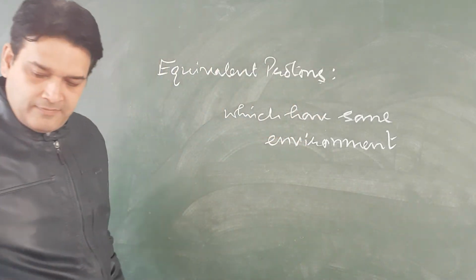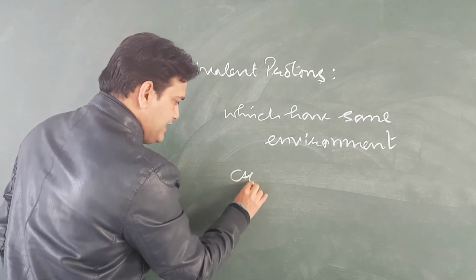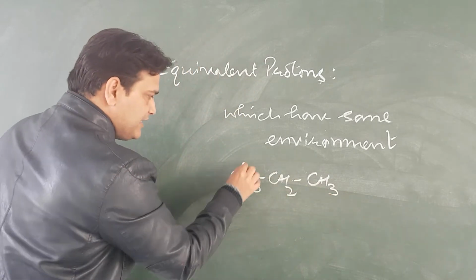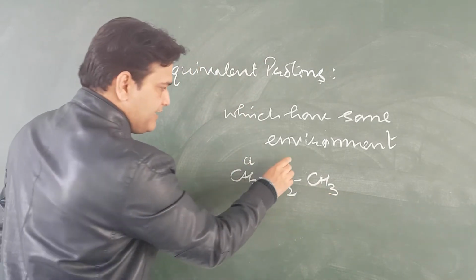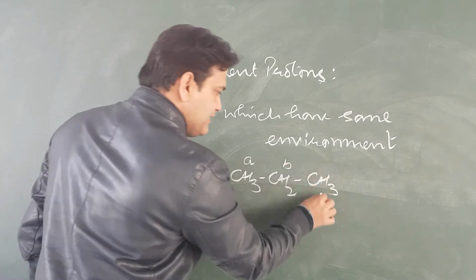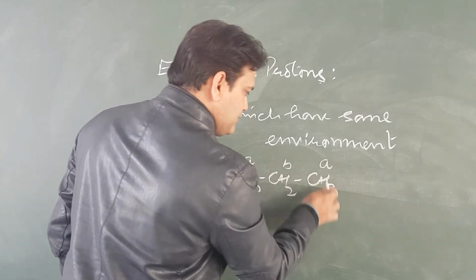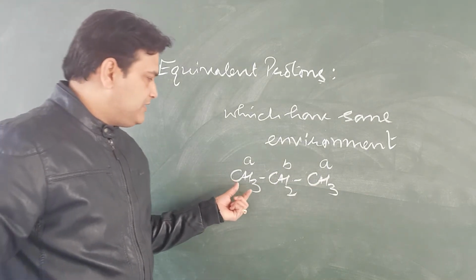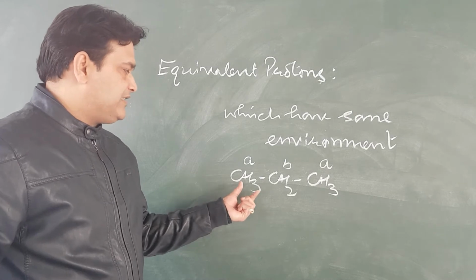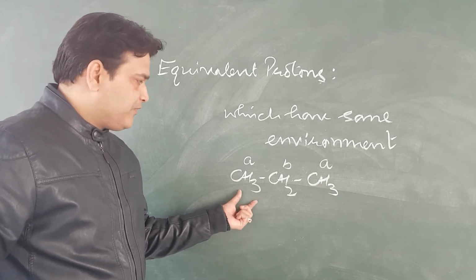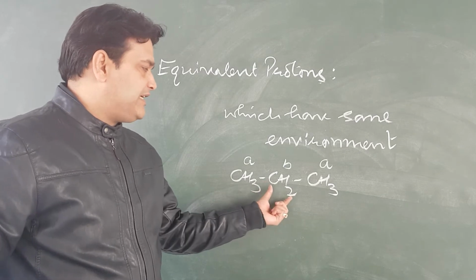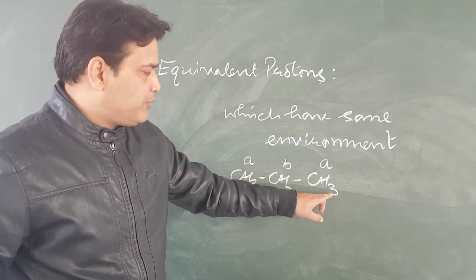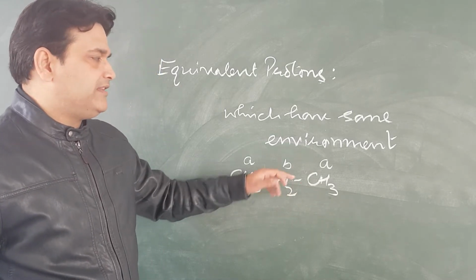Now in CH3, CH2, CH3, obviously this is A and they are B, and these 3 H atoms are again of this type, because these 3 protons have a CH2 group in their surrounding. Likewise, these 3 protons have a CH2 group in their surrounding.